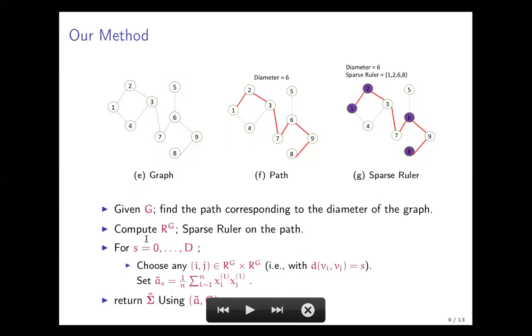Now the goal is to estimate the covariance according to all possible shortest path distances.